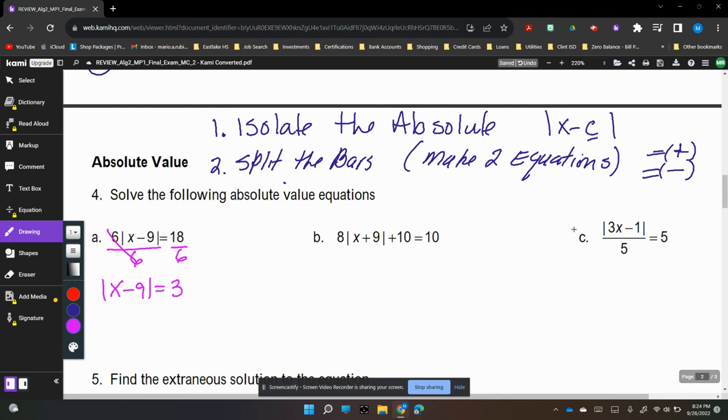Now that this is just by itself, we can go ahead and do step 2, which is split the bars or create our two equations. The first equation is x minus 9, everything that's inside the bars, equal to the number on this side of the equal. The second equation is the same, except we change the sign of this number to a negative.